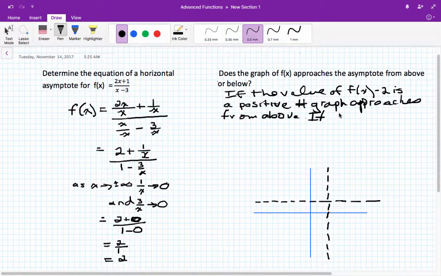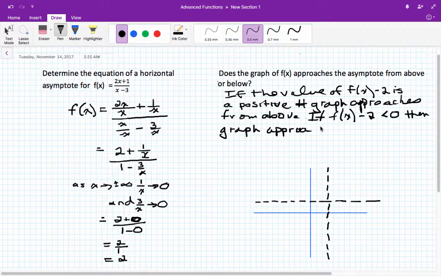If f at x minus 2 is negative, and I'll just write this, then the graph approaches the horizontal asymptote from below.